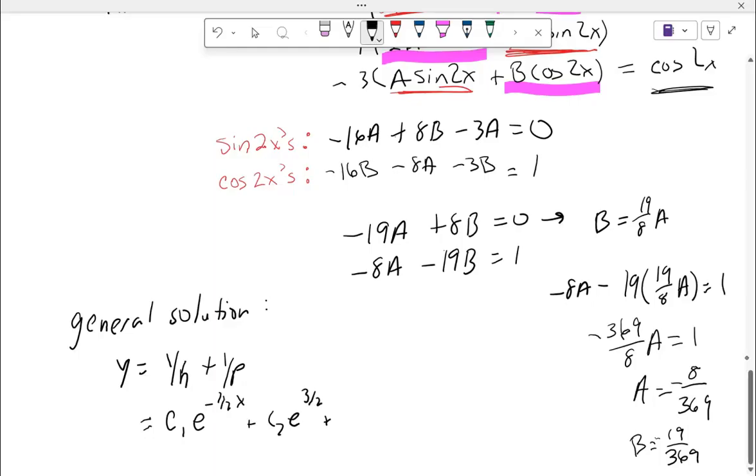Good. And now, I guess it's a minus. We put our particular in. We did a sine x plus b cosine x, right? So it'll be minus 8 over 369 sine of 2x minus 19 over 369 cosine of 2x.